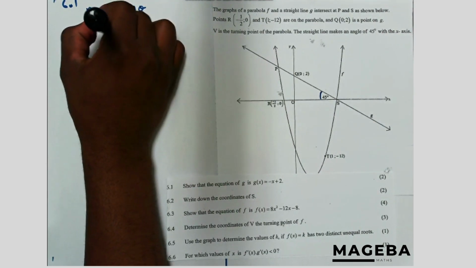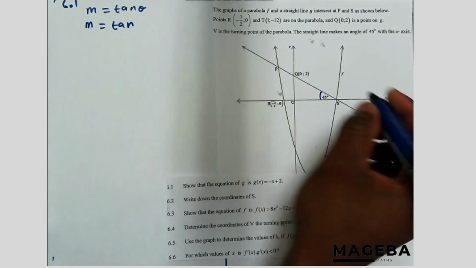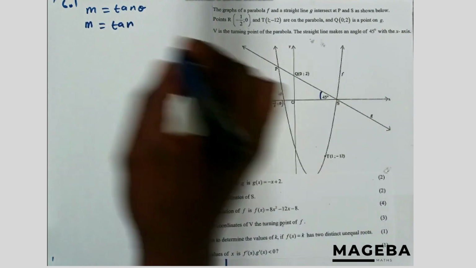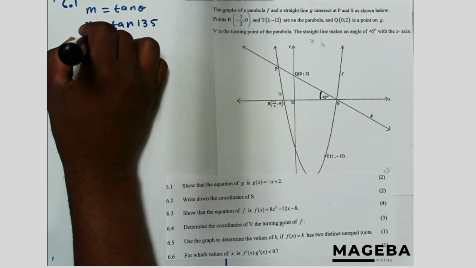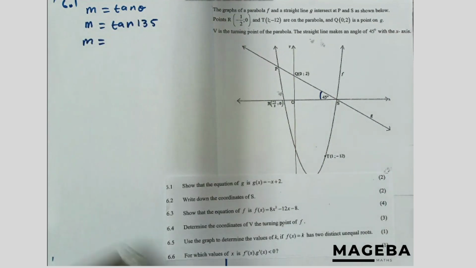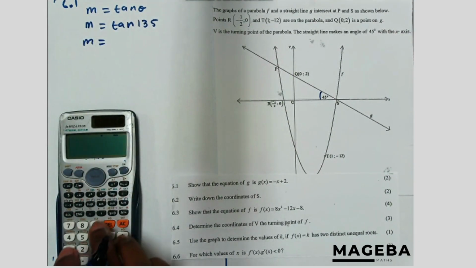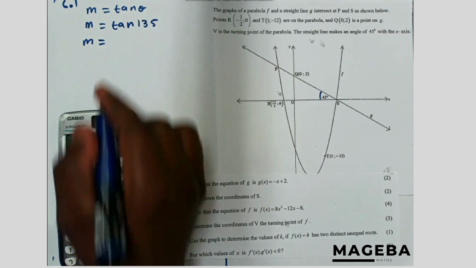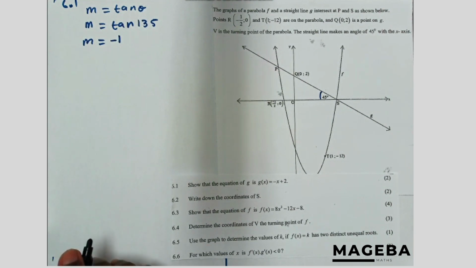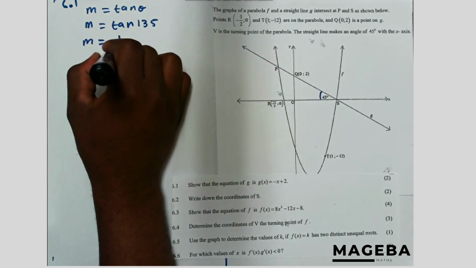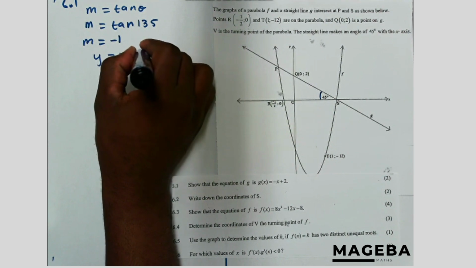So let's find our gradient. It's just tan of theta, where theta is this angle going to here, which is 135. Our gradient is equal to tan 135, which is -1. Then y equals mx plus c.